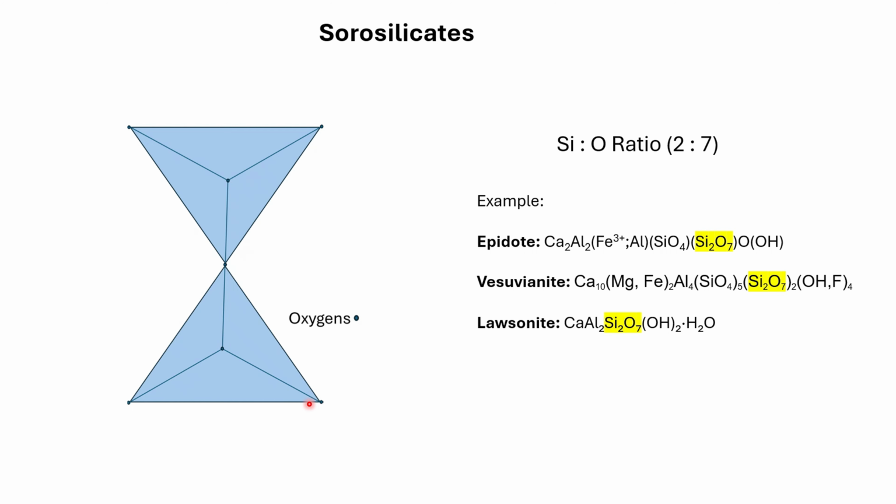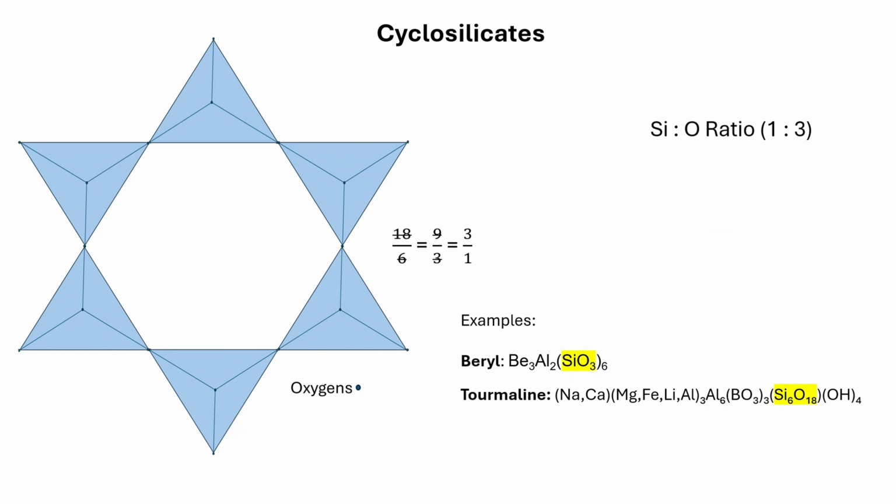That's 7 oxygens, and then each of these has a silicon in the structure, so that's where the two silicons come from. Epidote, vesuvianite, and lawsonite are the ones that have Si2O7 in their chemistry.